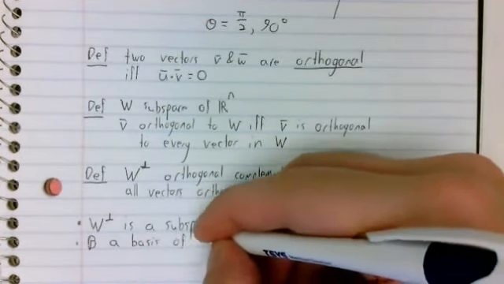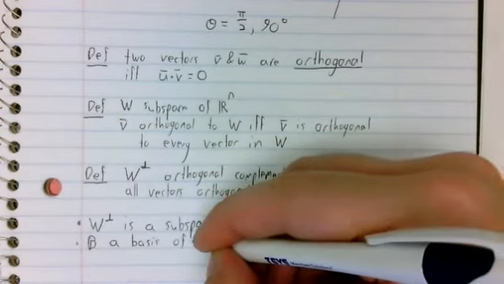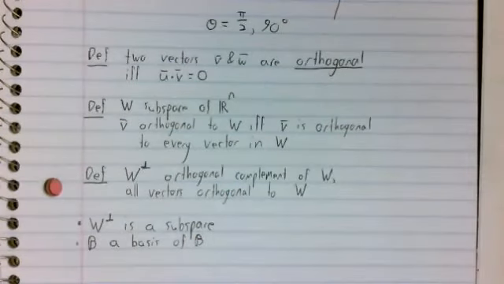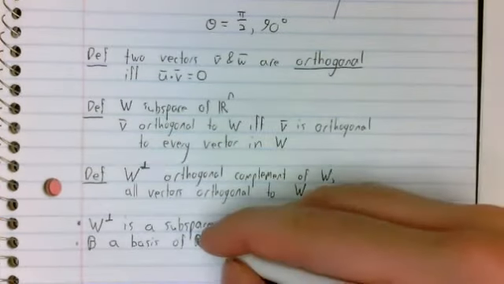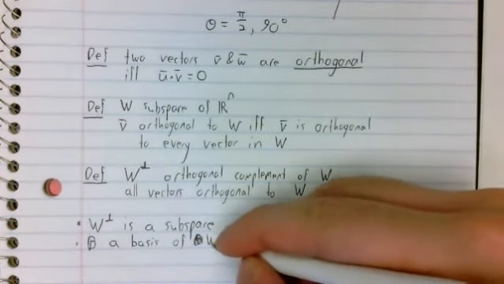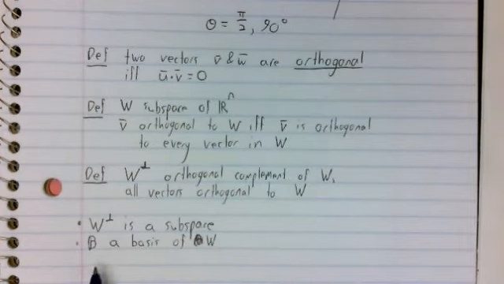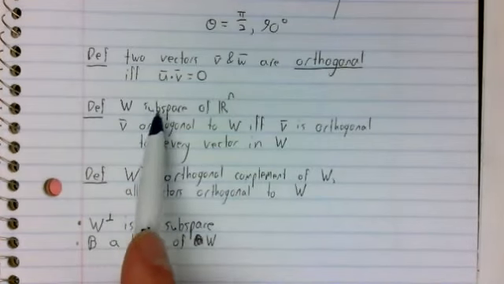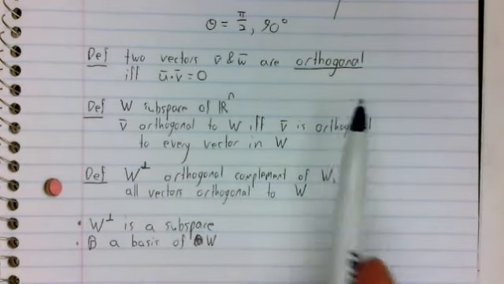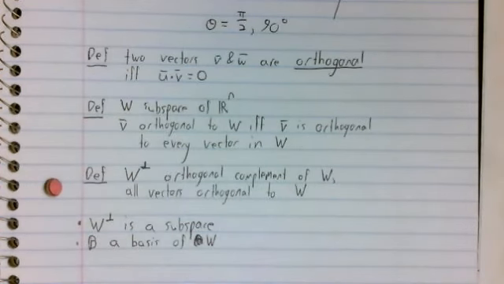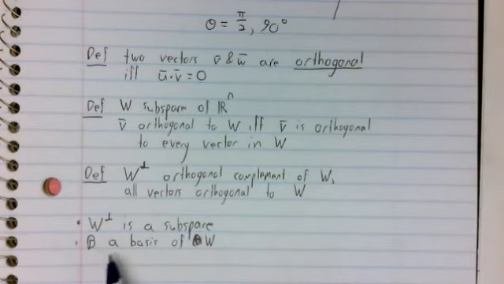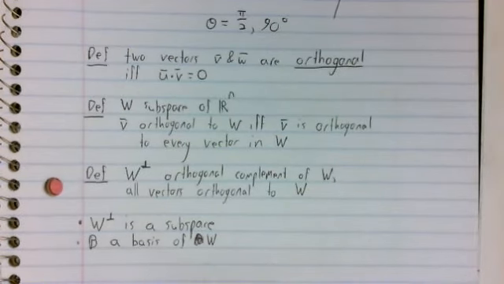Never fear, however, we have a useful theorem to deal with that issue. Let's say W has some basis B. I mean, it's a subspace of Rn. It's finite dimensional. It definitely has finite bases.